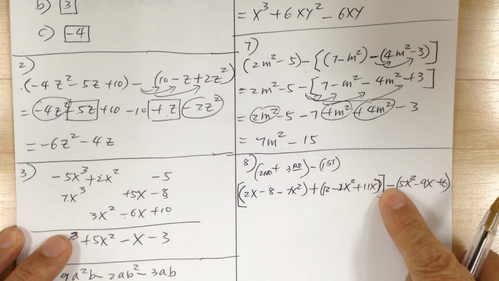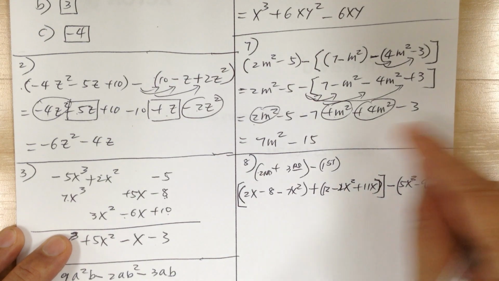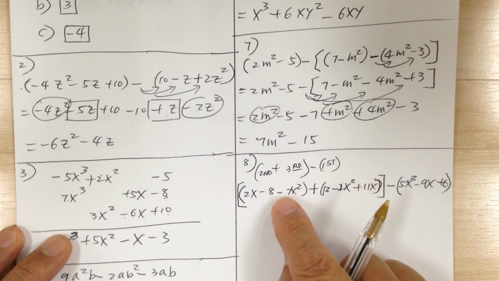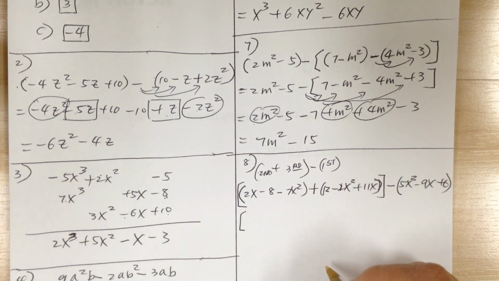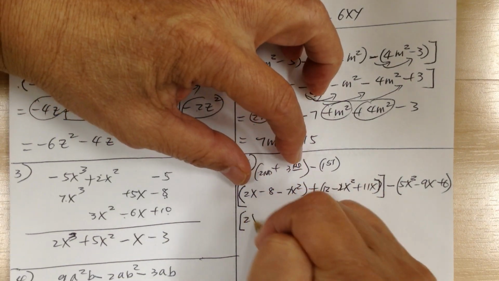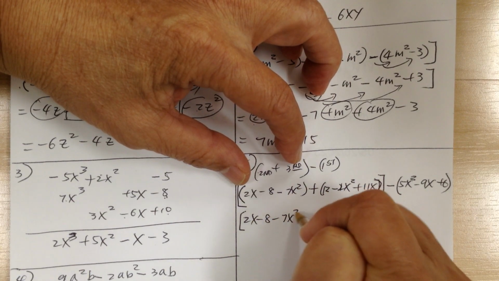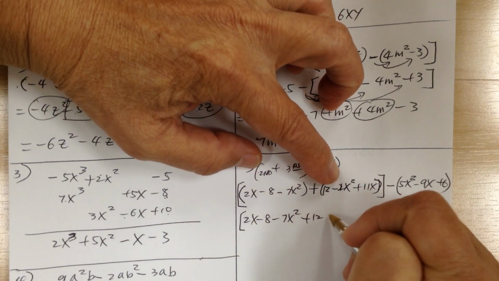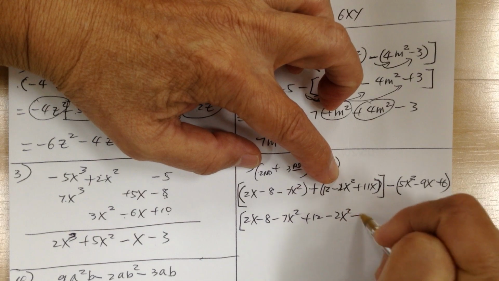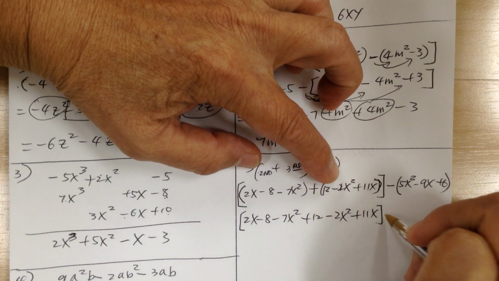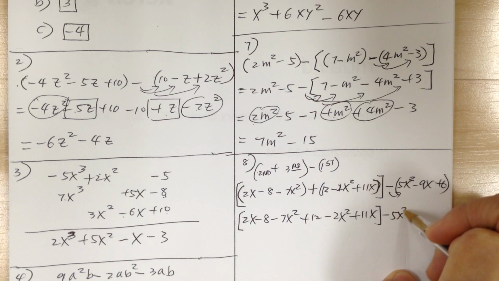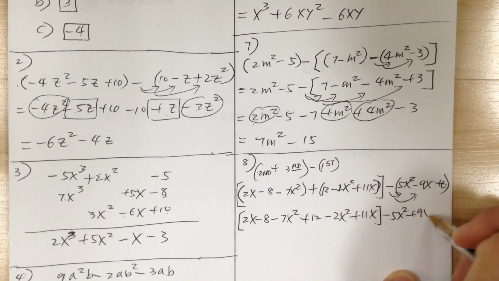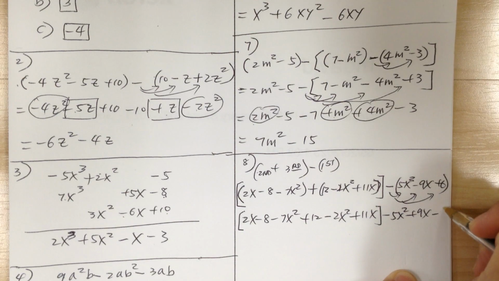So again, subtract the first parentheses from the sum of the second and the third parentheses. Okay, so first, again, get rid of all the parentheses. So it's just going to have 2x minus 8 minus 7x squared plus 12 minus 2x squared plus 11x. Okay, and this one you have to be careful. So you have to distribute, so minus 5x squared plus 9x minus 6.